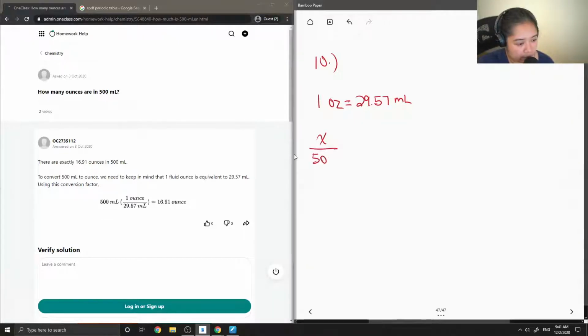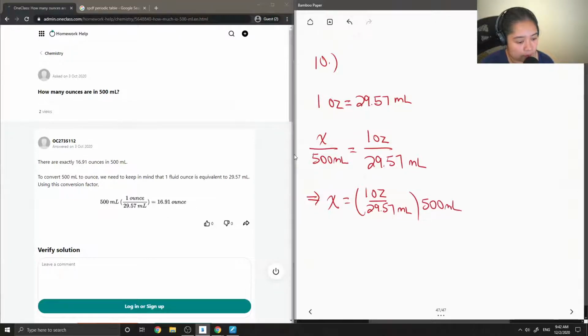X over 500 is equal to 1 ounce over 29.57 mils. Multiplying both sides by 500 mils gives us a final answer of 16.91 ounces.